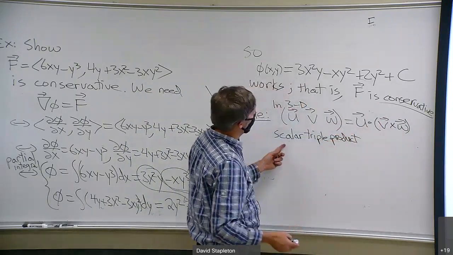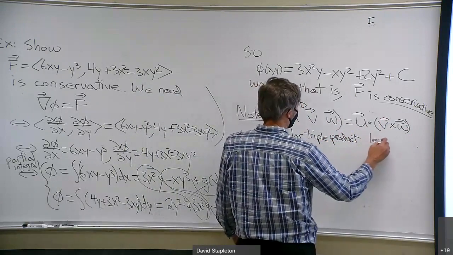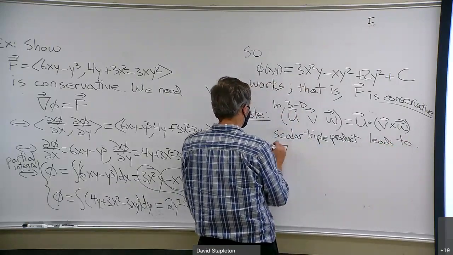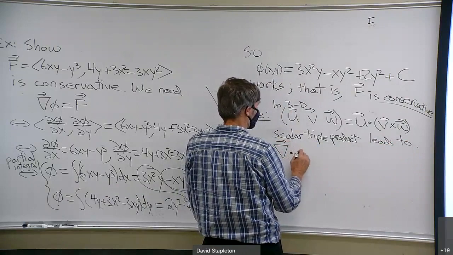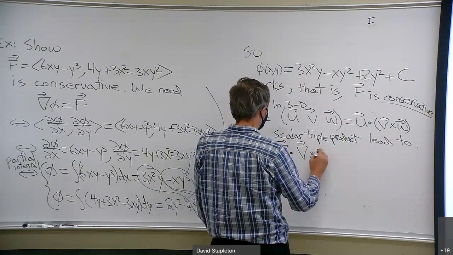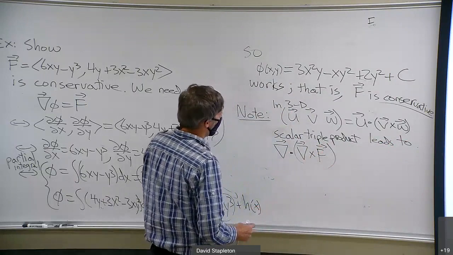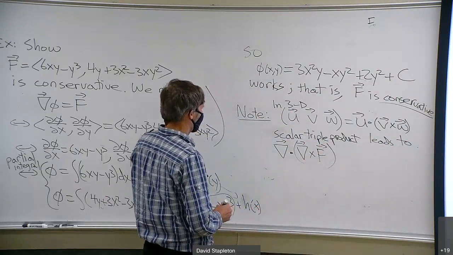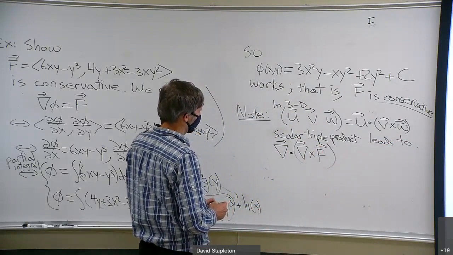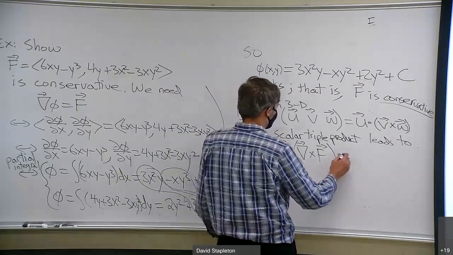Well, this extends to vector fields now. It leads to the gradient dot curl. And if you think about it, what does this have to be like?